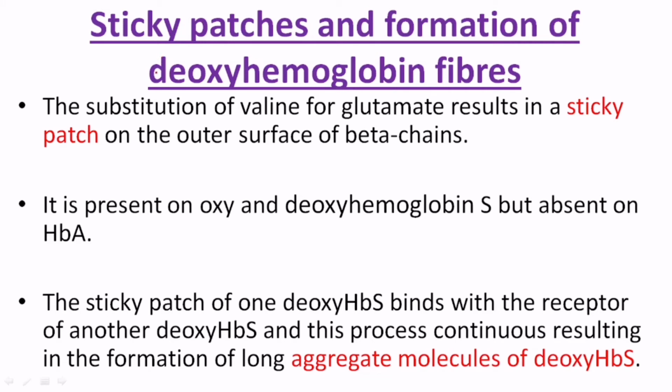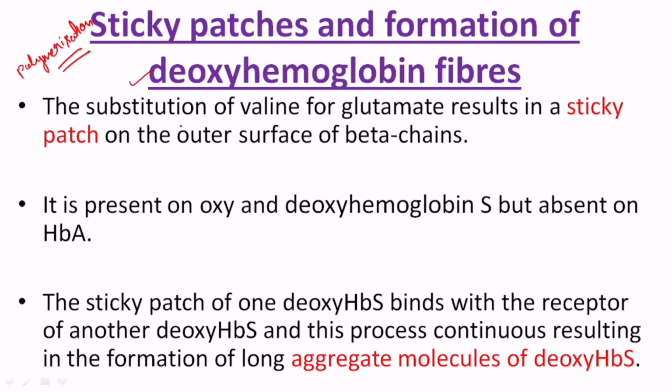Now, I was talking about the polymerization. In order to understand the exact mechanism of polymerization, you need to understand the sticky patches: what they are and how this polymerization actually occurs. So this is the sticky patches and formation of the deoxyhemoglobin fibers.